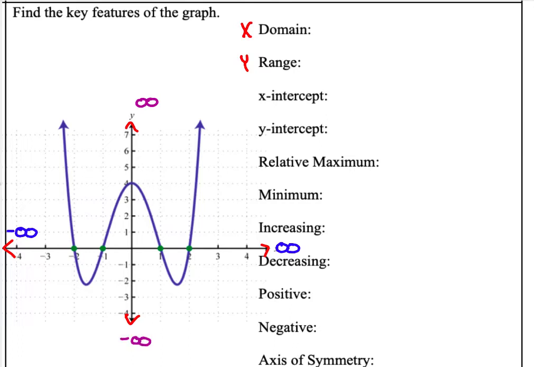So for my domain, my x values, I always put them in brackets: x such that, and then I want to describe the x's that can go into this function. I can see negative 3, negative 2, negative 1, 1s, 2s, 3s, but remember those lines at the end of those graphs? Those graphs are going to keep going. It doesn't look like they're going very far, but imagine they go on forever and keep going.